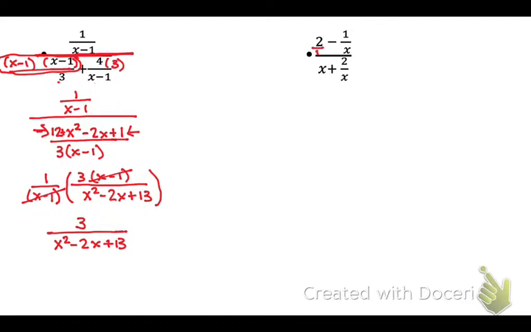Okay, so what do I need to multiply the left by? X. So I would have 2x minus 1 all over what? All over. What's my denominator of the denominator going to be?